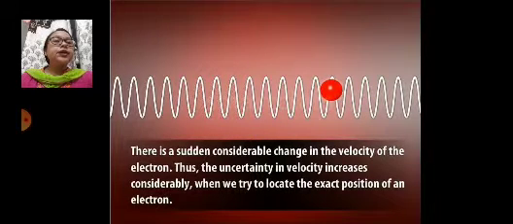And there is a sudden considerable change in velocity of the electron. Thus, uncertainty in velocity increases considerably when we try to locate the exact position of an electron.